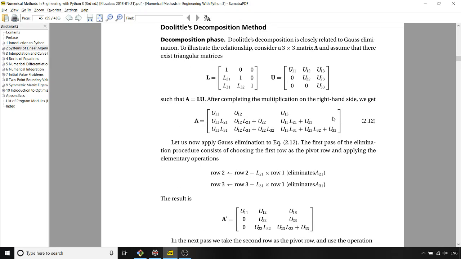I assume that we know the A matrix itself. So U11, or this one, will be equal to A11, right? So from these we can easily find the values of the upper triangular matrix. Once we know this, we can substitute it here and we can get the value of this one. So in this way we can find each of the elements of the lower and upper triangular matrices.